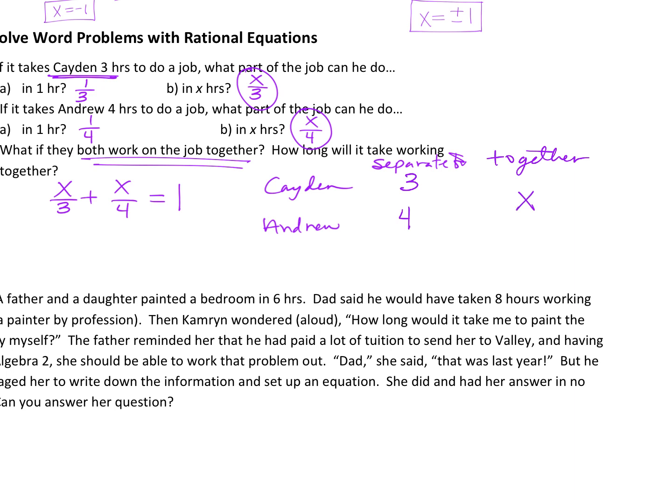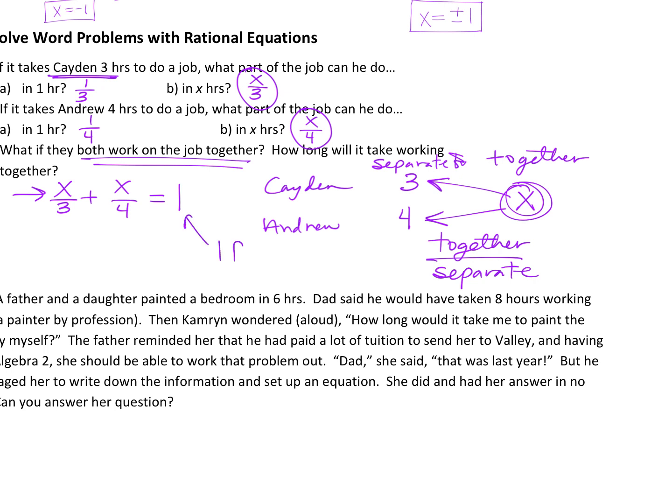The way you set this up is together over separate. So X over 3 and X over 4 will be your two ratios, right? X over 3, X over 4, and then it equals 1 full job. Okay, so that's how you're going to come up with your setup each time.